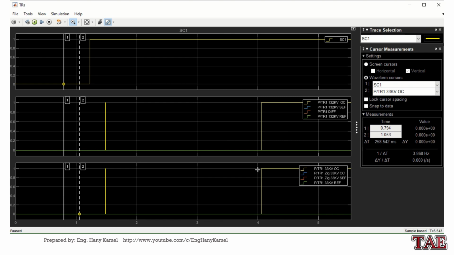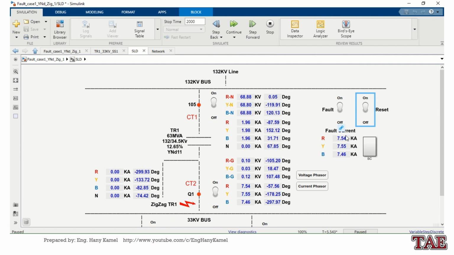So we only have overcurrent and the other protections didn't work, and we can see the fault current is symmetrical on the three phases, so there is no earth fault protection work, no restricted earth fault work, and also because the fault is outside of the differential zone, the differential relay didn't work.